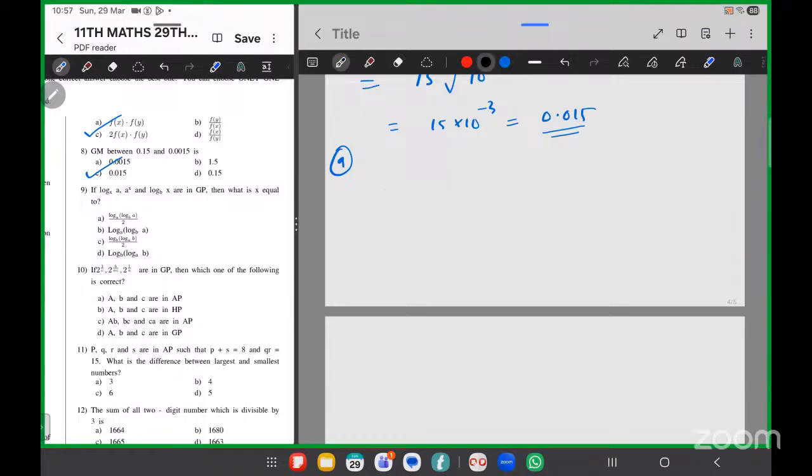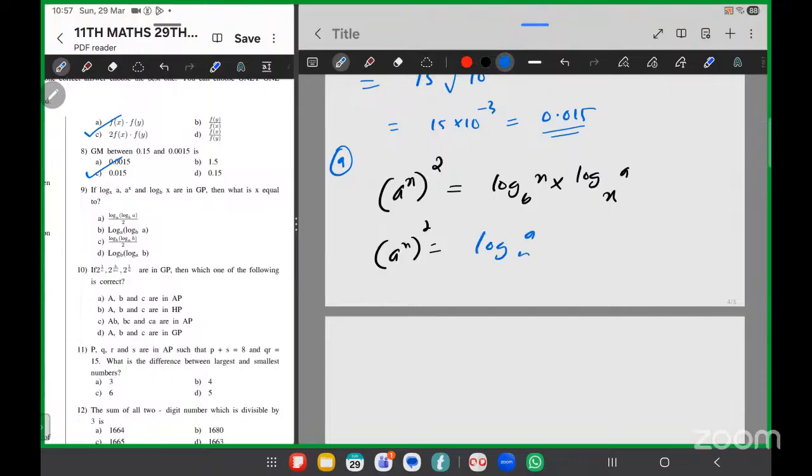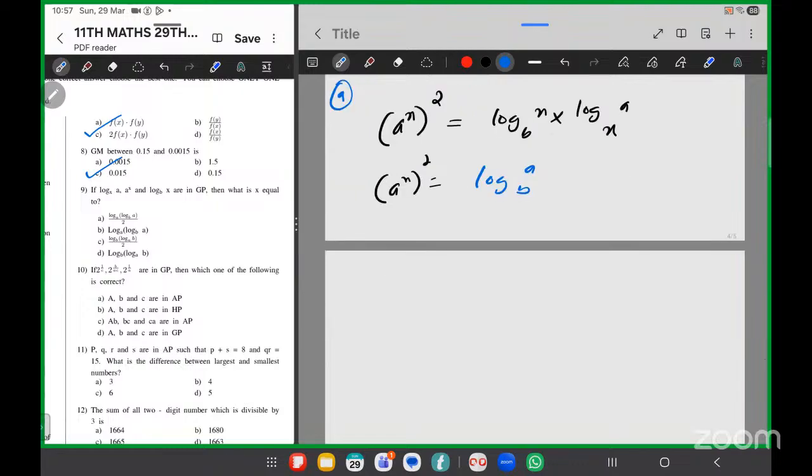B square is equal to AC. So a raised to x the whole square is equal to log x to the base b into log a to the base x. By using the property of logarithm, this can be written as log a to the base b. Now if you apply log on both sides, I can write 2 log a raised to x is equal to log of log a to the base b.